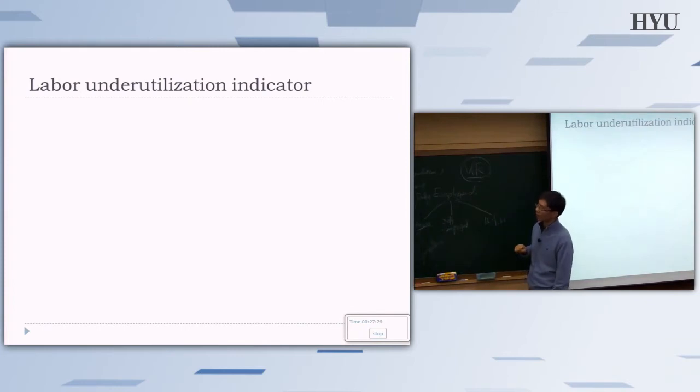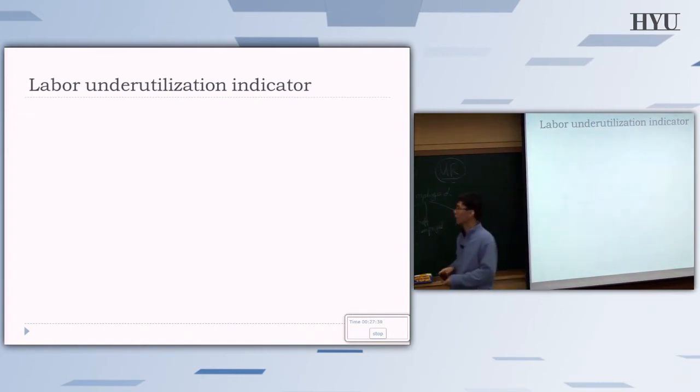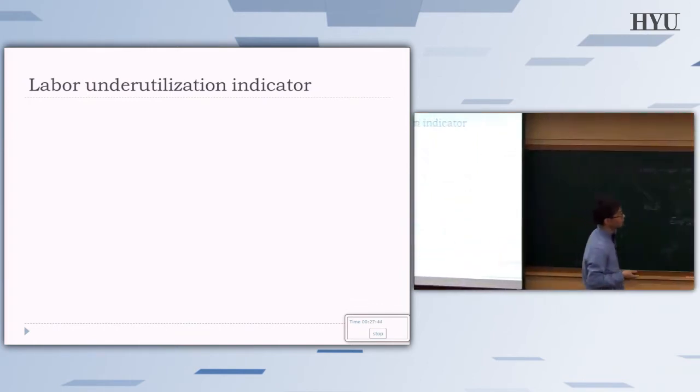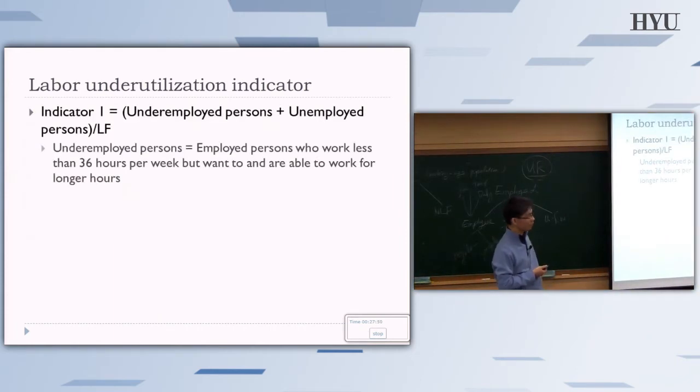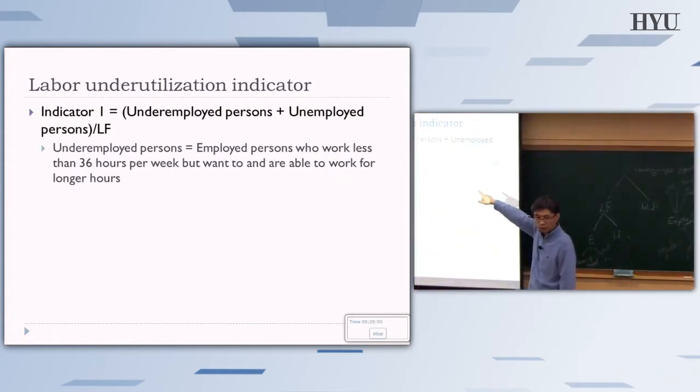So the Korean government, and other governments as well, developed a labor underutilization indicator, which is like an extended version of the unemployment rate. If you go to Korea's National Statistical Office information page, we have 3 indicators. We just have names like indicator 1, indicator 2, and indicator 3. Indicator 1 is underemployed persons. We add underemployed persons to unemployed persons and divide by the labor force.